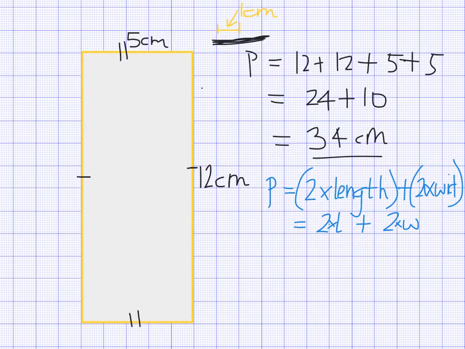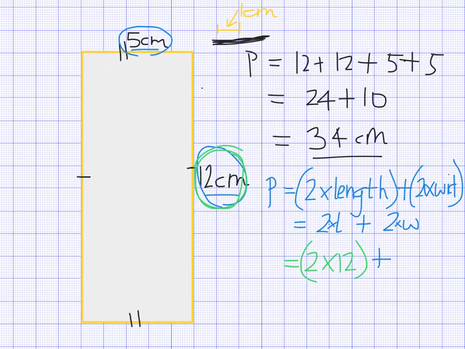So really what you're going to do is, maybe you've already got these measurements and think, I'll just do 2 times the length, which means double the length, 2 times the width, double the width. So you can use this strategy as well if this works for you. So what is the length? It is 12 centimetres, so I could do 2 times 12. We're then going to add on 2 times the width.